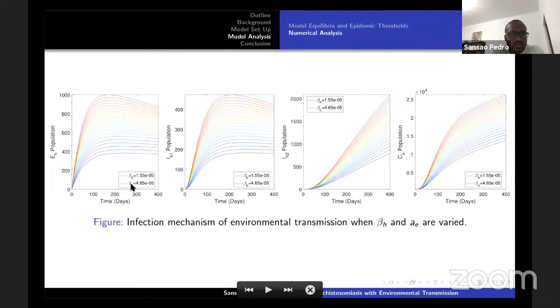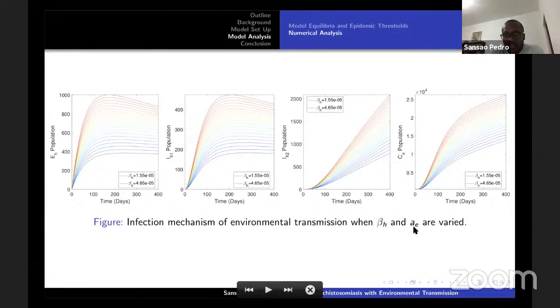We do the same for beta, and we see that increasing beta directly impacts the prevalence of infection for almost all the compartments.